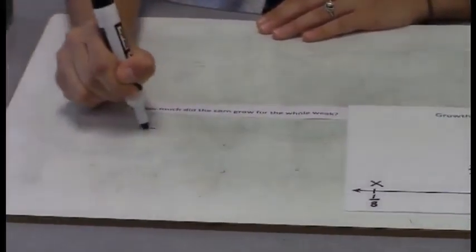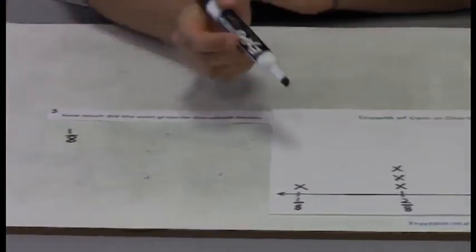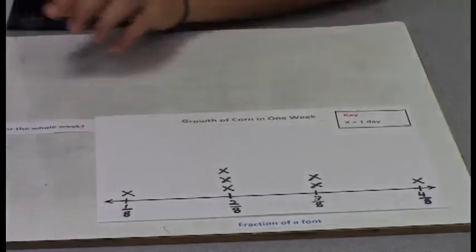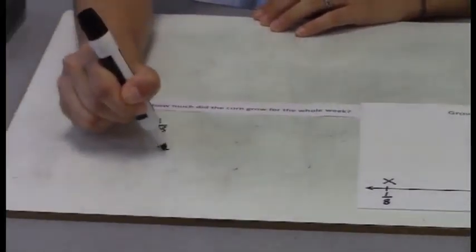So I'll go ahead and record this amount of growth. Moving down my line plot, on 2/8 I can see that the corn grew 2/8 of a foot on 3 days. So I'll need to add 2/8 3 times to find that total.